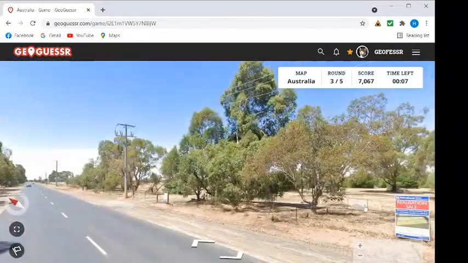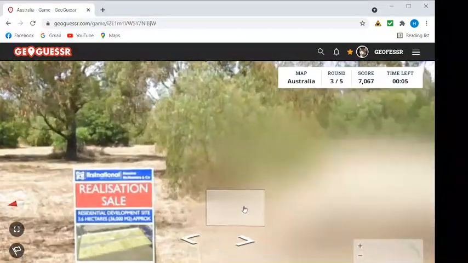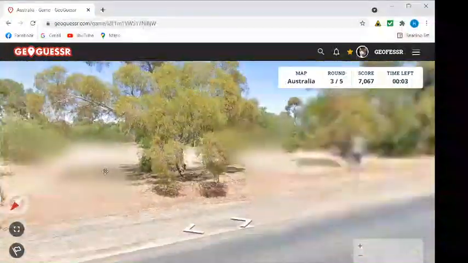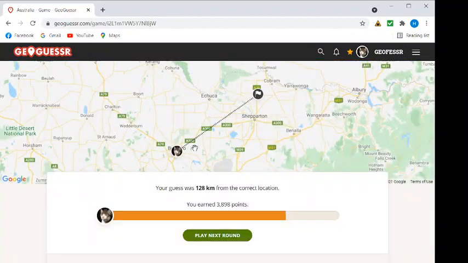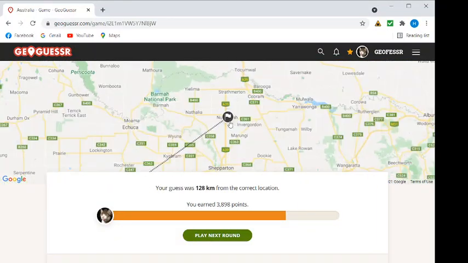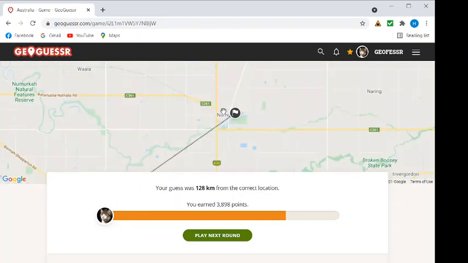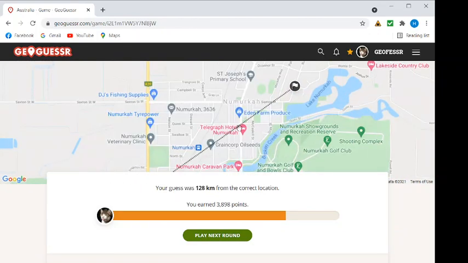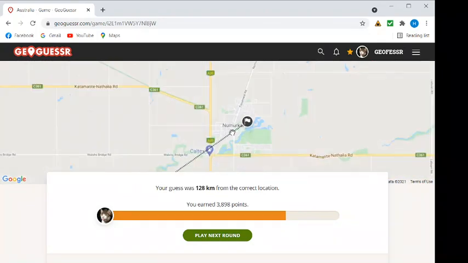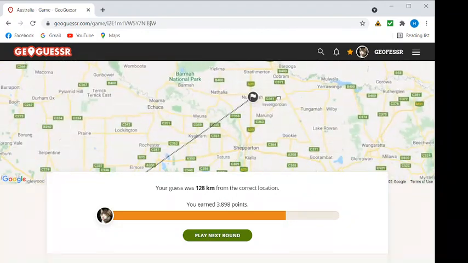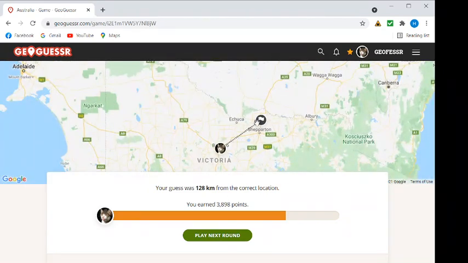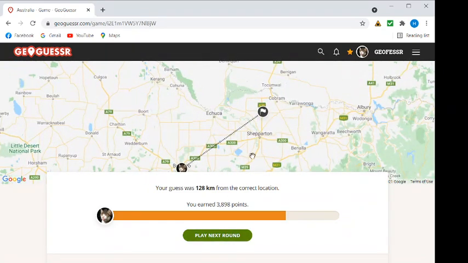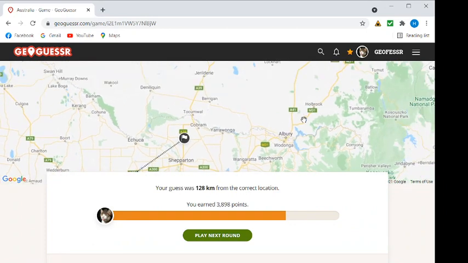Now, because Australia has so little population in the outlying areas, there's a limited number of towns, even in this sort of size range. Okay, it was a small place. This Numurkah. Okay. Not too far from Shepparton, which is the largest town in this sort of area. Albury, yeah, that's around here.